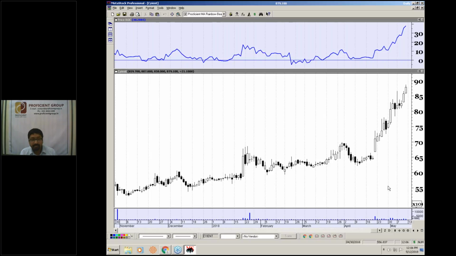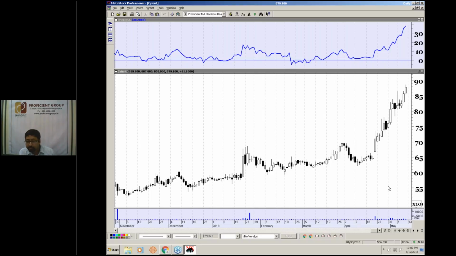It is making new highs almost at regular intervals. So I'm just showing you this chart, and I'm recommending you to buy on pullbacks because these stocks are quite volatile at these levels, and the range of high and low is quite long.